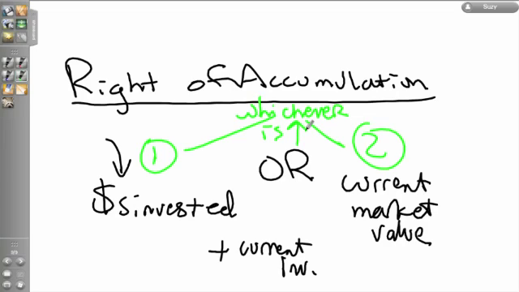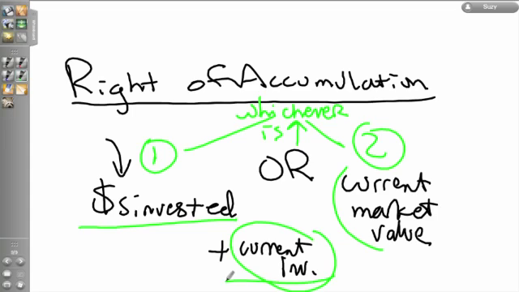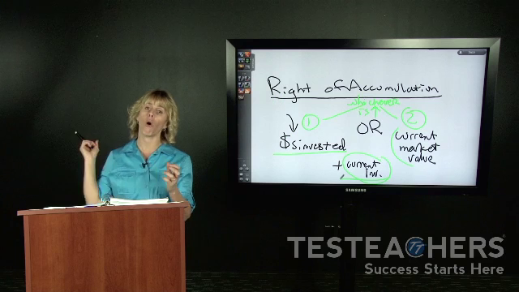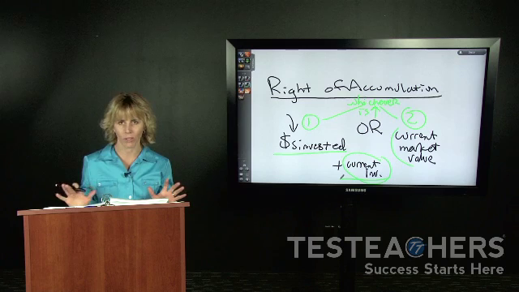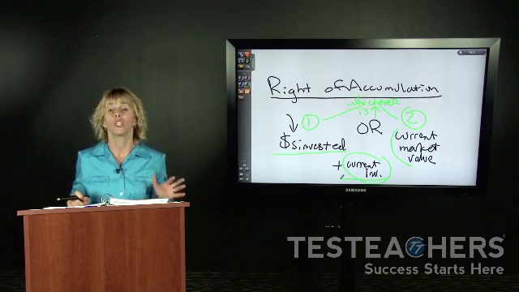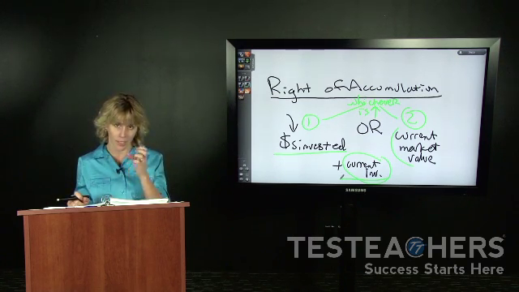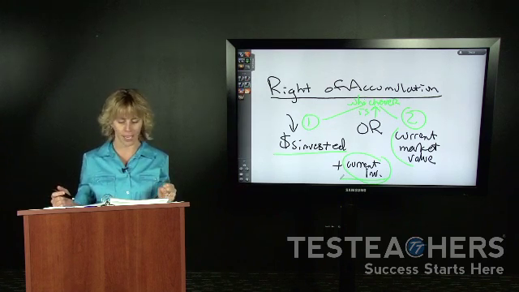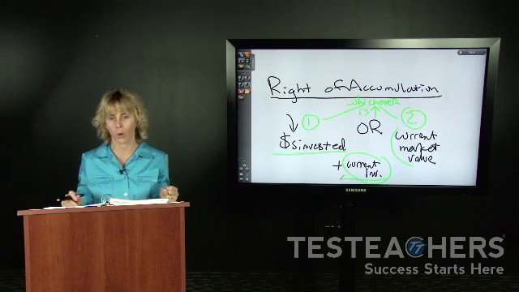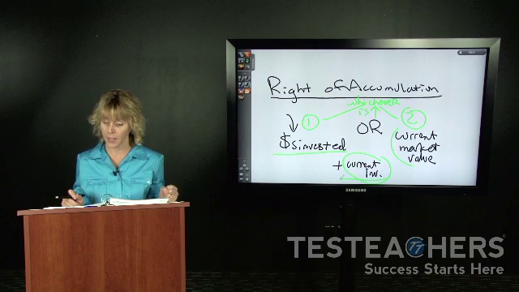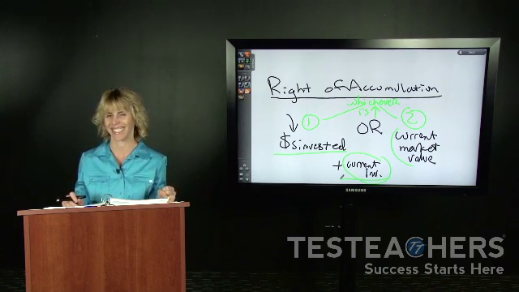So if there's been a market contraction, the dollars invested are going to be greater. If there's been appreciation in the market, then the current market value is going to be greater. So it's whichever of those plus the amount of the current investment that's being made. When we get over, in that example, once again, solely hypothetical, $25,000, our account balance gets to $25,000 or greater, up to $49,999, then we have that 4% sales charge. So that's the right of accumulation.